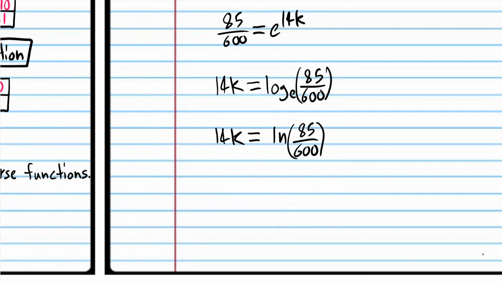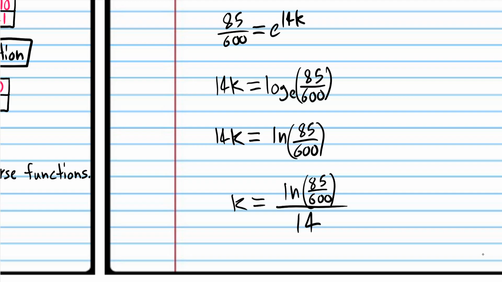Then we're going to divide both sides by 14. So we get k is equal to natural log of 85 over 600, divided by 14. So in your calculator, you can do this in a lot of different ways.